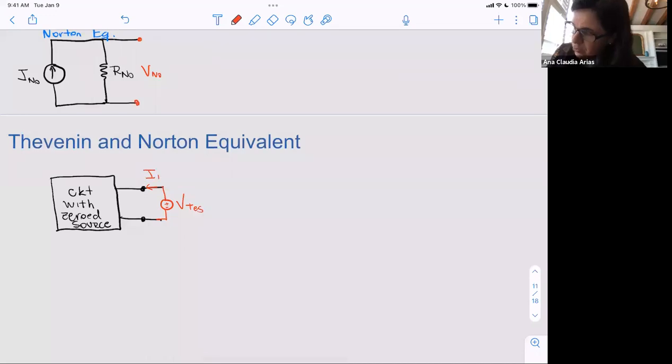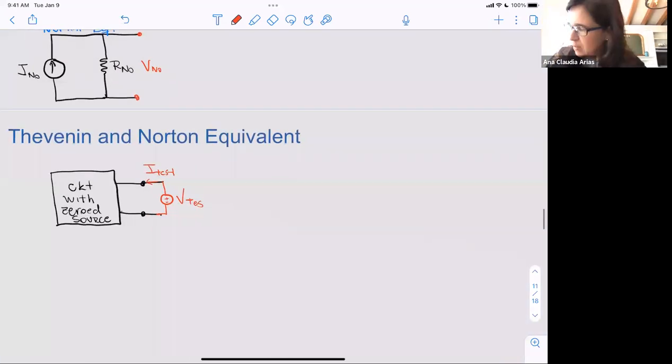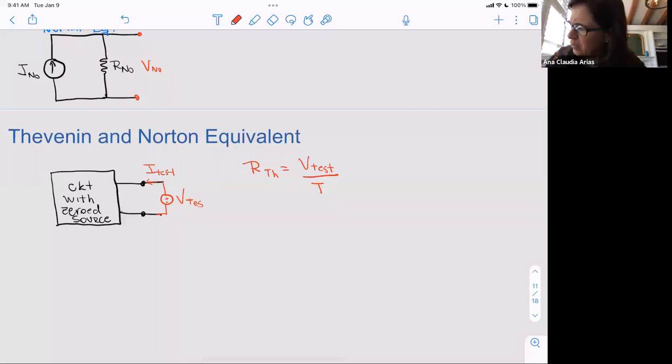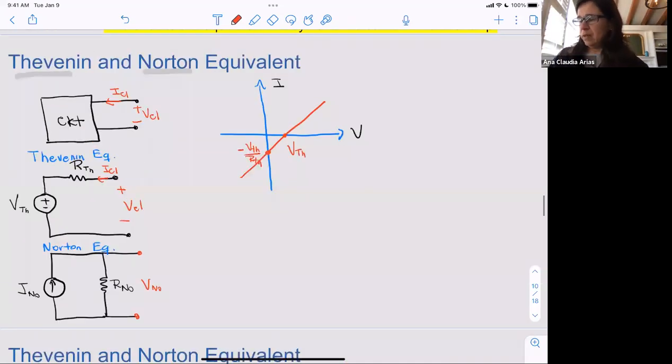And what I want to come up with is an equivalent circuit that will give me R Thevenin. So, I know that R Thevenin is going to be equal to V test over I test. Why do I know this? Well, because our equivalent circuit here is given only by a resistor and a voltage source.